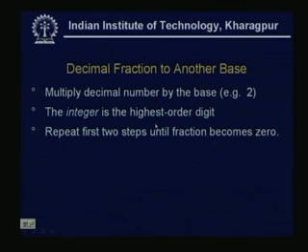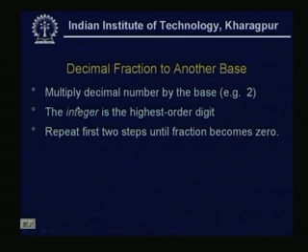Now, decimal fraction to another base. Just now we have seen how, if it is a decimal integer number, it is changed to any other base. Now, if it is a fraction, that means after the decimal point, then instead of division we will be doing multiplication.